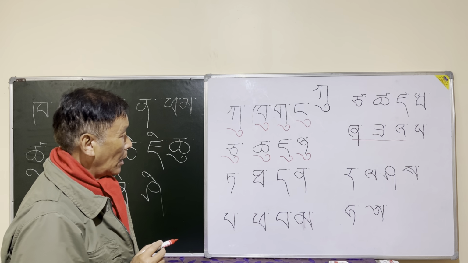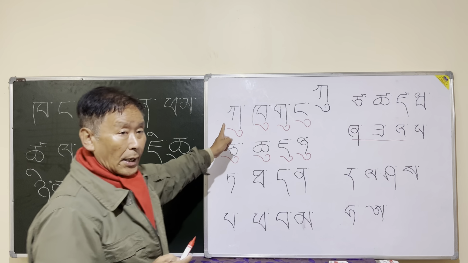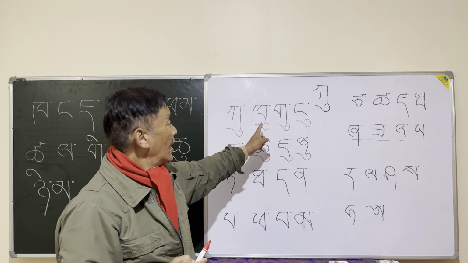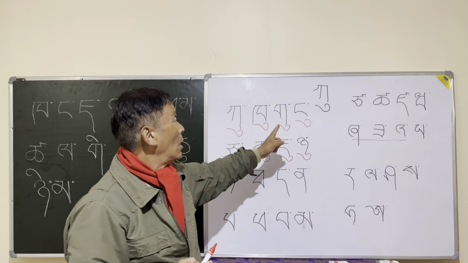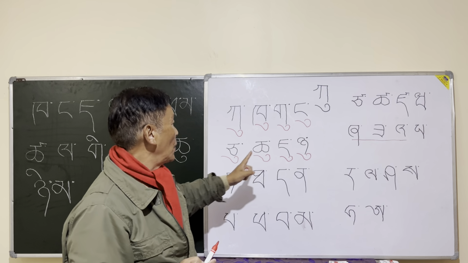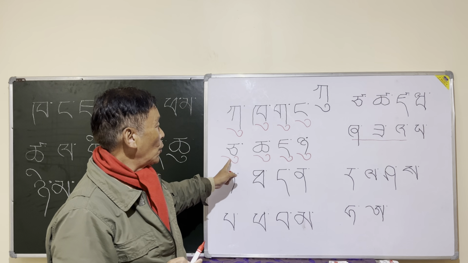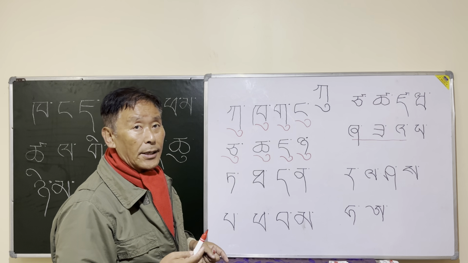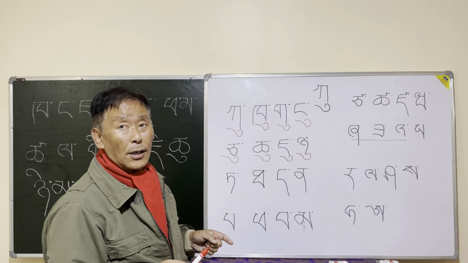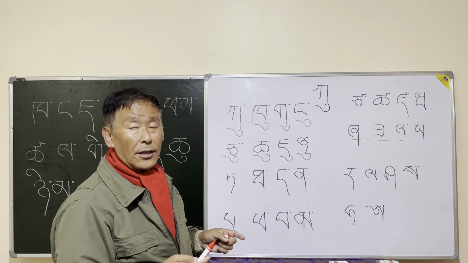Ka shabju ku, ga shabju gu, nga shabju ngu. Cha shabju chu, ja shabju ju. Chu, water. Sherpa, Tamang, Gurung, Rai.